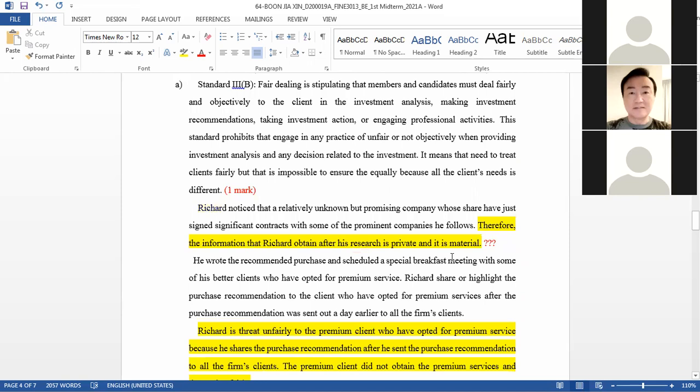So the reason why I'm underlining this part here is, it's not whether this is public information or material information. We are talking about fair dealing. So this statement is totally useless. All right, you better focus on just fair dealing because the question is asking on fair dealing.